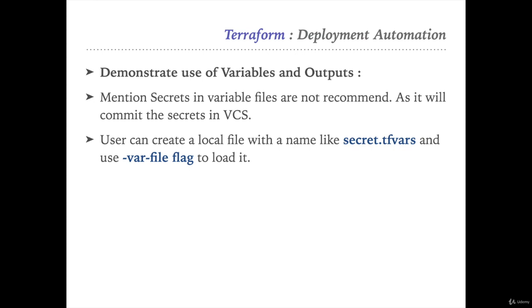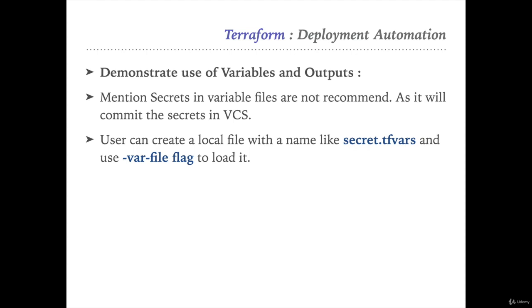Then what is the way to manage secrets? Whatever secrets you want to keep inside your Terraform, you can create a local file on your local box, like secret.tfvars. And whenever you are using terraform apply, you can use the -var-file flag and pass that file to terraform apply, so that it will also load that file.